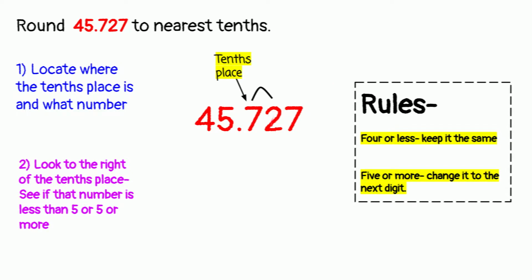So what we have to do is we keep it the same. So we don't change any of this. So we don't change the 7, we just keep it the same. So when we keep it the same, our decimal is going to be turning into 45 and 7/10. And that's going to be our answer.